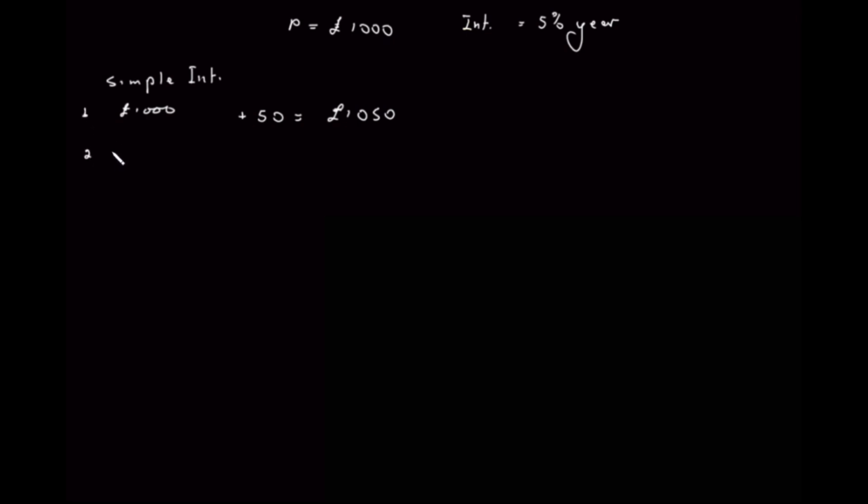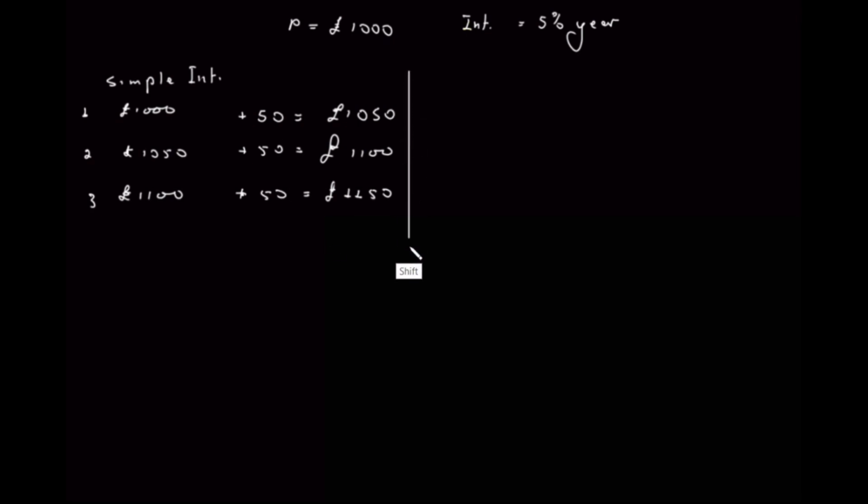End of year 2, we have our 1,050, that value there, plus 50 is equal to 1,100. Year 3, we have our 1100 plus the 50 equals 1150. See the way it's going? It goes up the same amount each time. Right, that is simple interest.